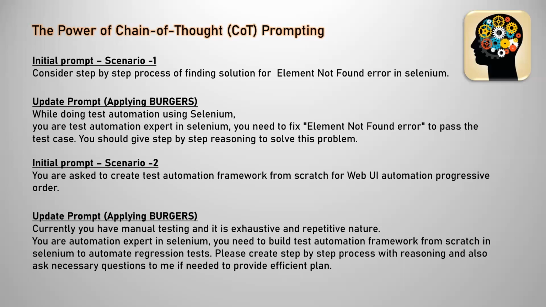The goal is to automate the regression tests. Please create a step-by-step process with reasoning, and also ask me necessary questions if needed to provide an efficient plan. You are not only giving the restriction, you are instructing ChatGPT or the LLM to ask further questions to give a better output. This is very much required because sometimes it will have questions to improve the output. So these are simple ways to create chain of thought prompting.